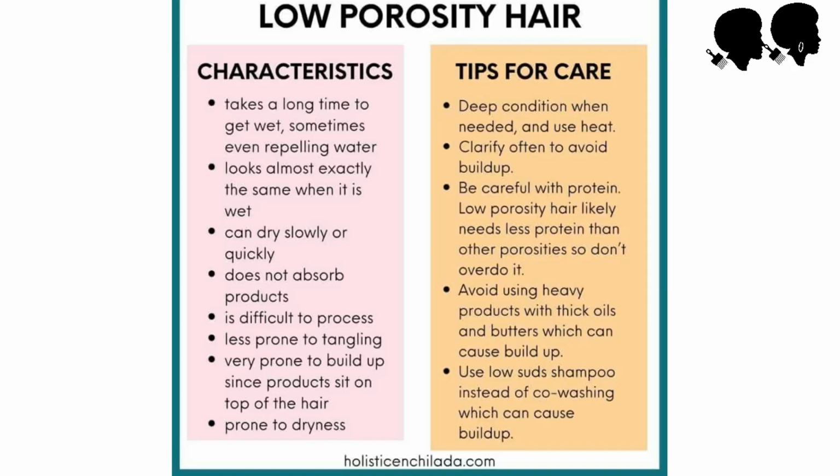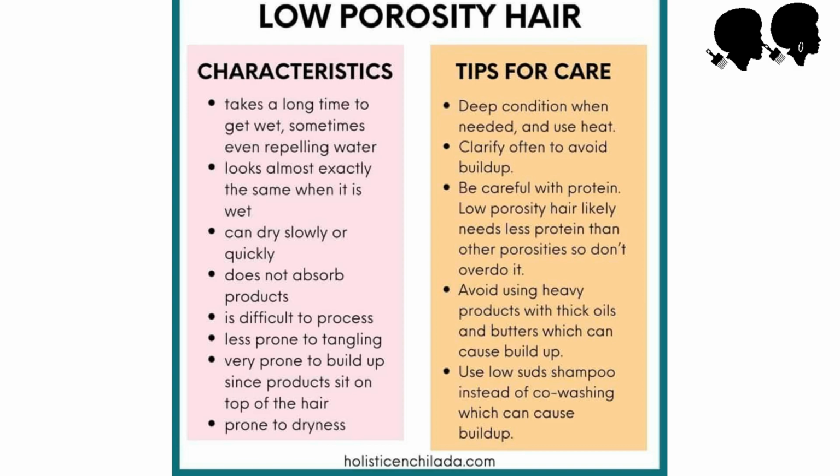Low porosity hair tends to get product buildup very easily because the cuticle is tightly closed. If it's not opened using gentle heat, products tend to sit on top of the cuticle layer instead of going into it, and if your hair has product buildup, it won't absorb moisture, right?